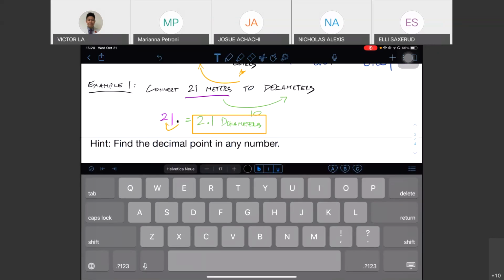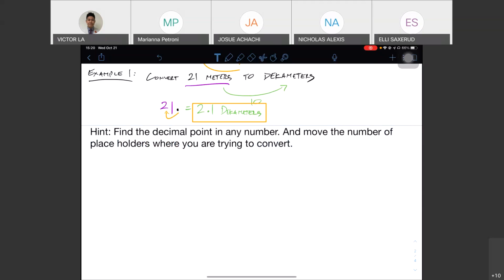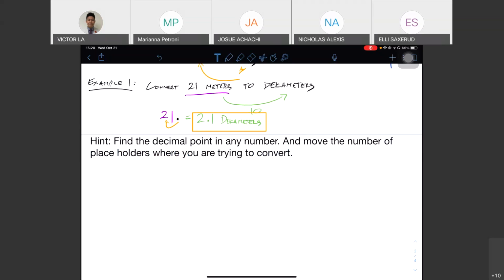I found the decimal point and moved the number of placeholders where you are trying to convert. Now, I know that sounds vague, but we'll do some more examples, right?